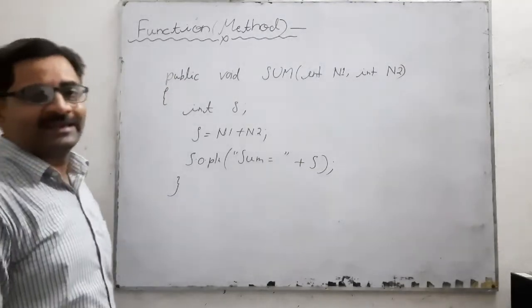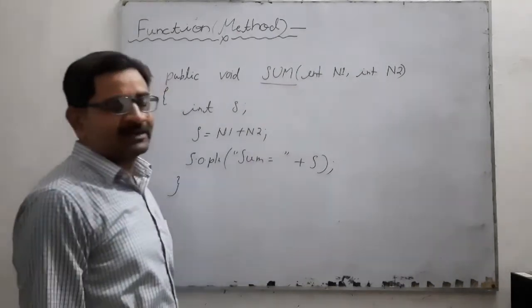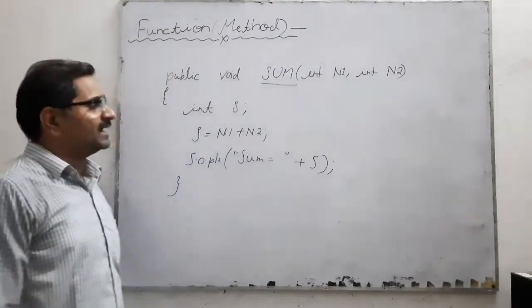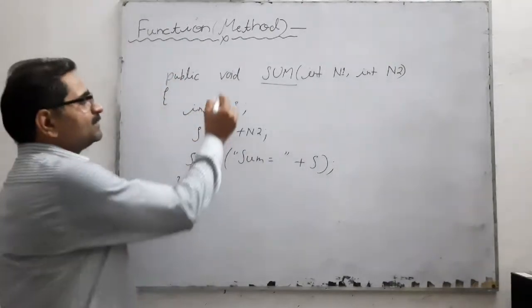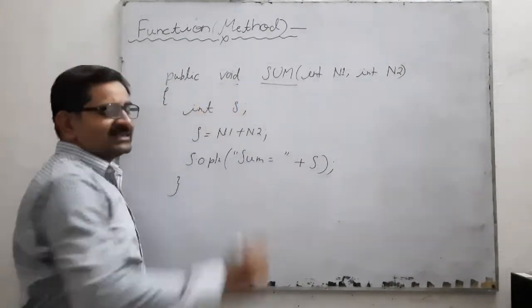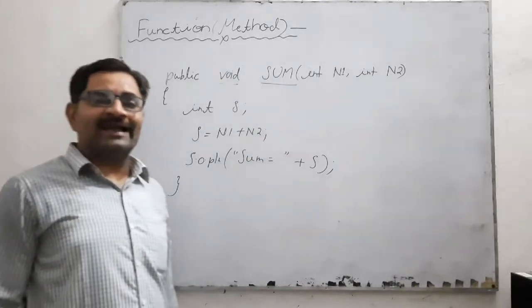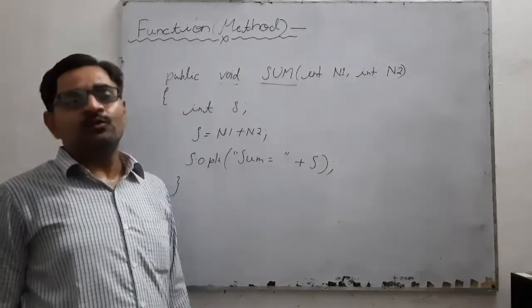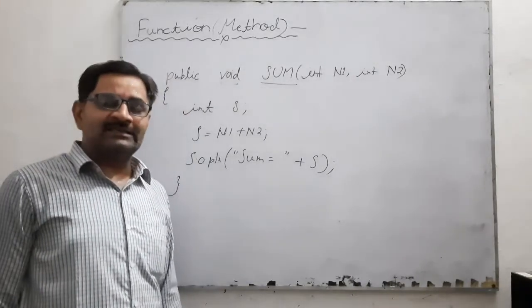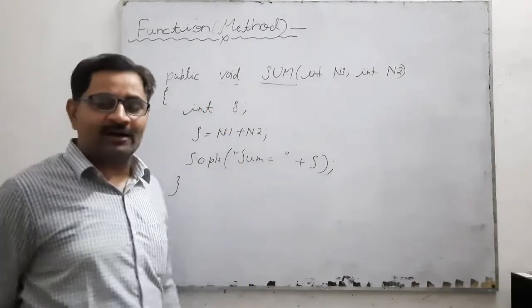So here you can see sum is a method which performs the addition of two values, and the return type is void. It means this method will not return any value. A method can return a value; if you want to return any specific value, you should specify the data type accordingly.